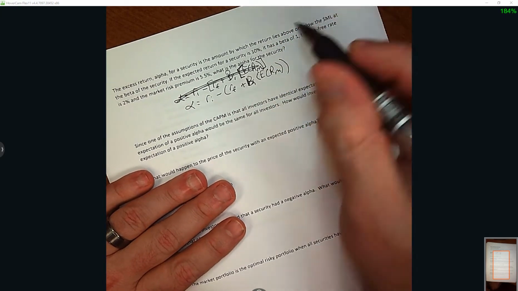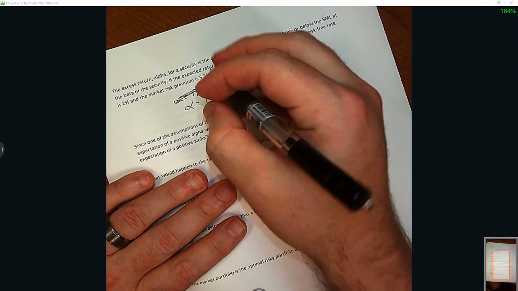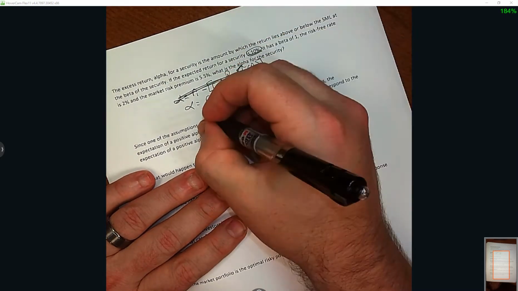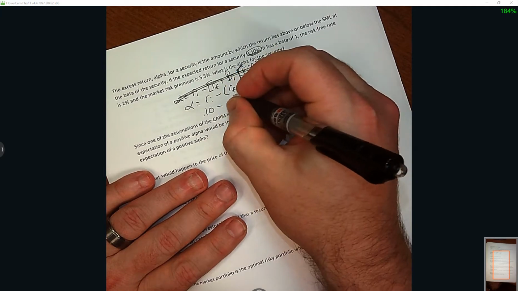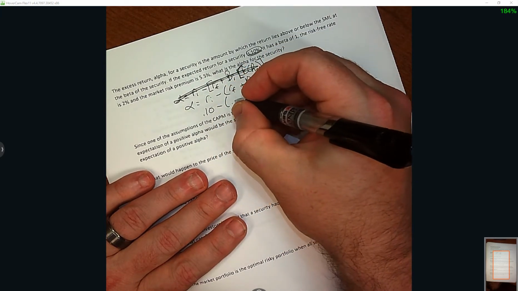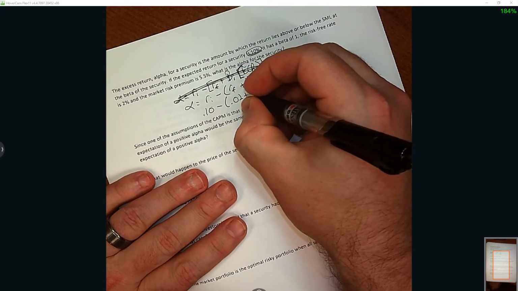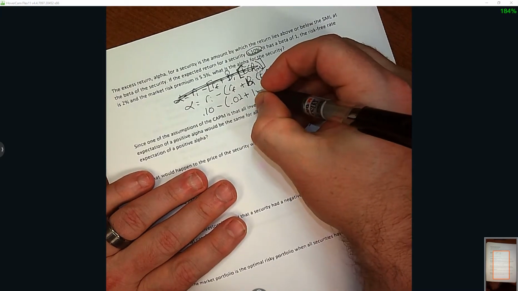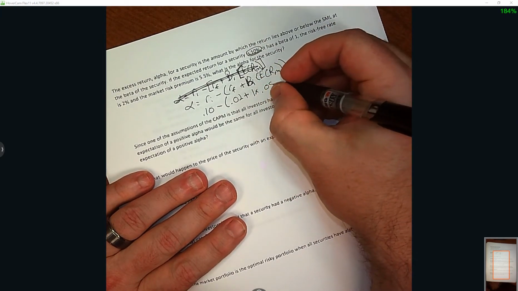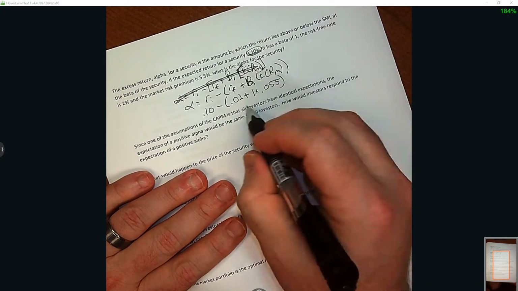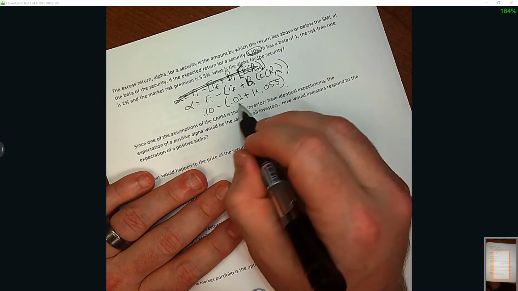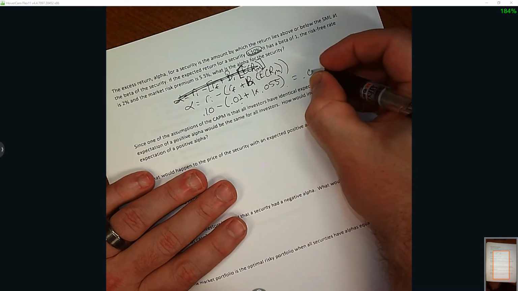Okay, so my return is going to be 10%, 0.10, minus the risk-free rate of 2%, 0.02, plus the beta of 1 multiplied by 0.055. So we've calculated this before, and this is 7.5%, so 0.10 minus 7.5% is 0.025.